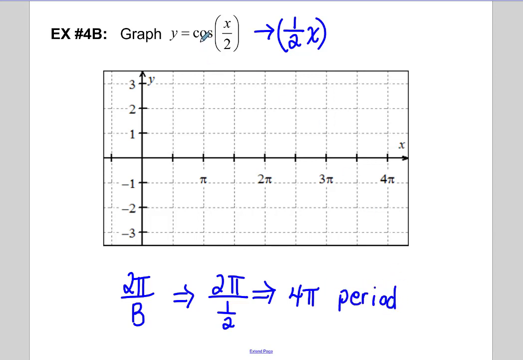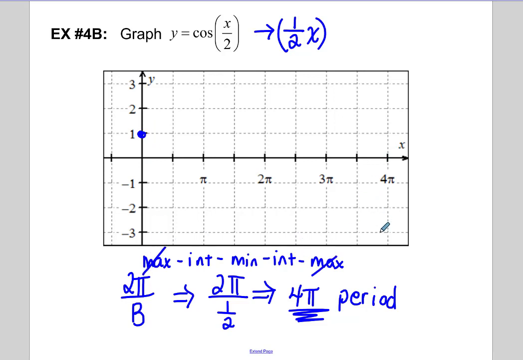And it's a cosine graph, so our cosine pattern is max, intercept, min, intercept, max, and we have to slow down to get 4 pi in there. The a value is still 1, so my maximum is at 0, 1.